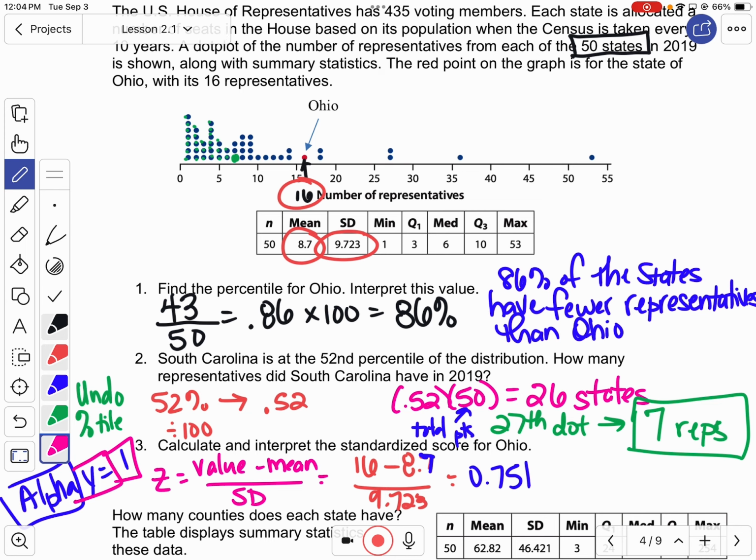Now, what does that mean? Well, it means that the number of reps for Ohio is 0.751 standard deviations. Is it going to be above or below the mean?